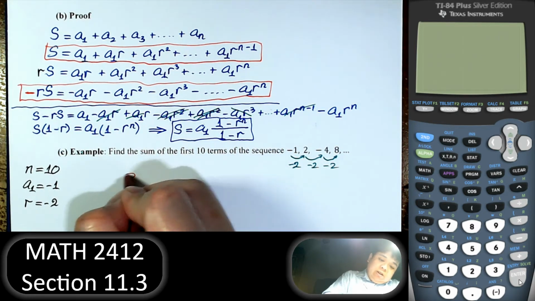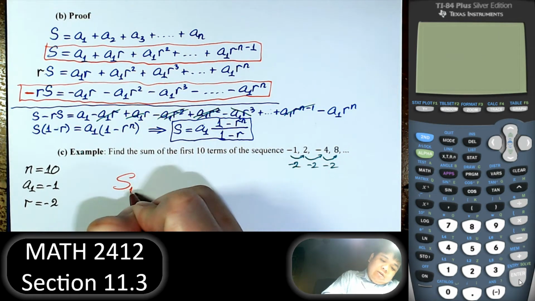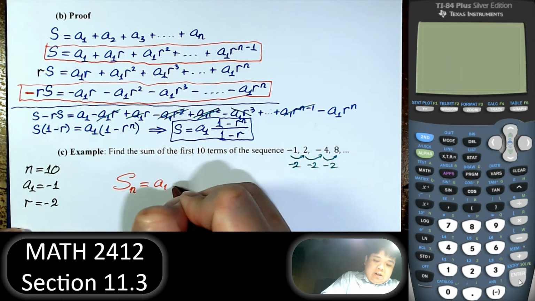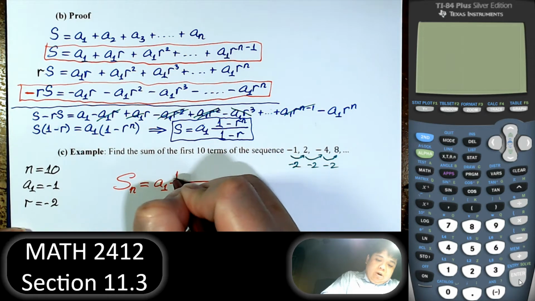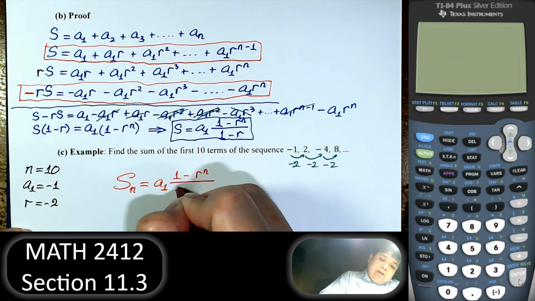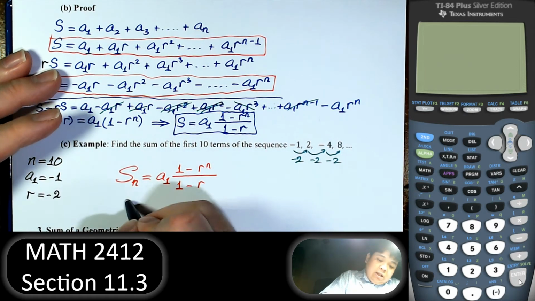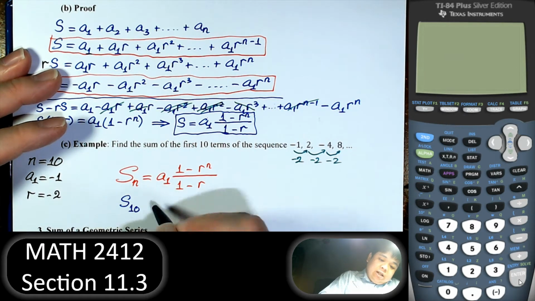And the formula, the sum of the first n terms, is equal to a1 times 1 minus r to the n, over 1 minus r. Now the sum of the first 10 terms, we're going to put 10 in for n.